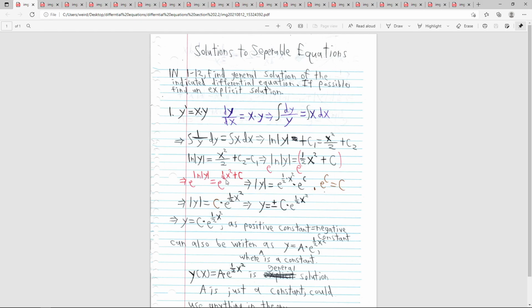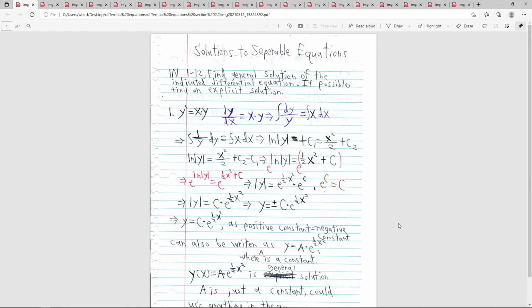But first we just have it plus. That's the property of exponentials: when you have addition, like 1/2 x squared plus c, all in the exponent, it can become e to the 1/2 x squared times e to the c. And we can also write e to the c as another constant. We'll just call it c again, because really these are just constants.